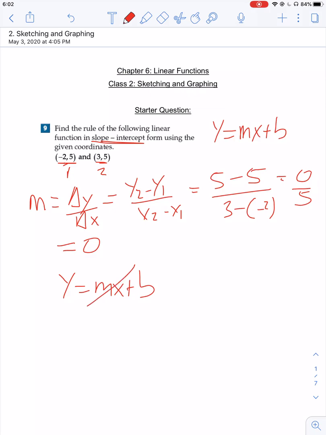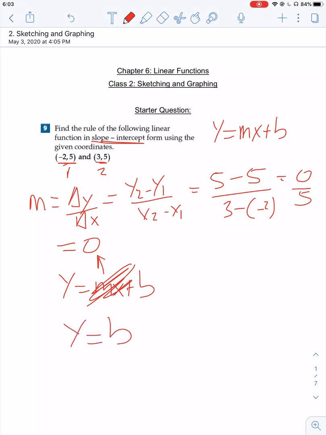It disappears because 0 just annihilates everything that it multiplies. So that means your function will just be y equals b, okay?